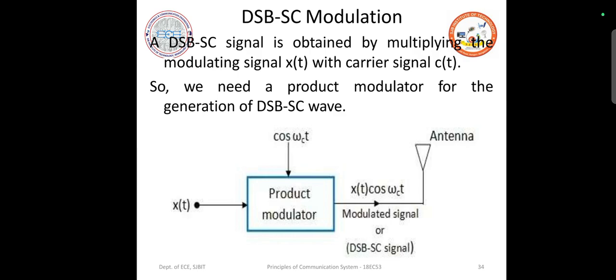So let us talk about the DSBSC modulation now. DSBSC is obtained by multiplying the modulating signal x of t with the carrier signal c of t. So we require what is called a product modulator, which only multiplies the two signals.